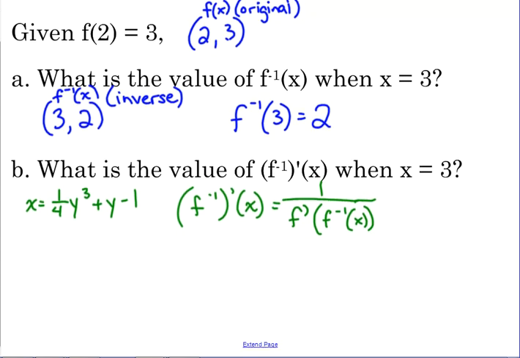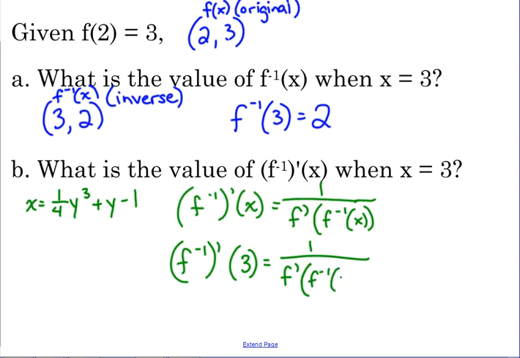So when x equals 3, we are looking for f inverse prime of 3. I said that in the wrong order: f prime of the inverse of 3. So that's 1 over f prime of f inverse of 3. We know f inverse of 3. That came from part A. f inverse of 3 is 2. So we need to find f prime of 2.